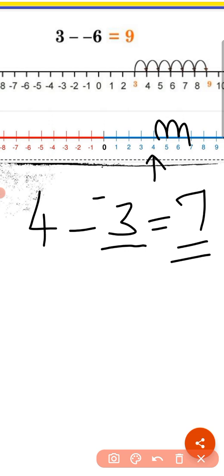Next, negative 4 minus 2. Here we are subtracting a positive integer. 2 is a positive integer. First locate the first number, that is negative 4. Then move 2 steps to the left side, because we are subtracting a positive integer from negative 4.